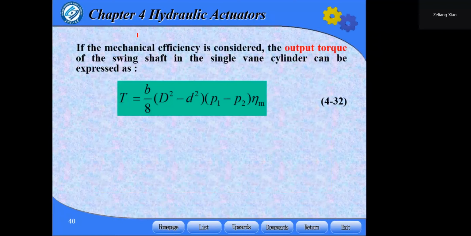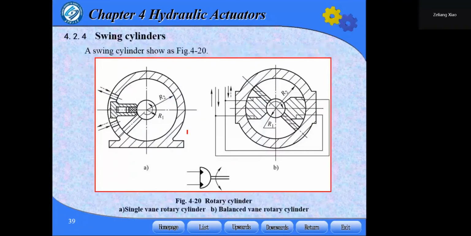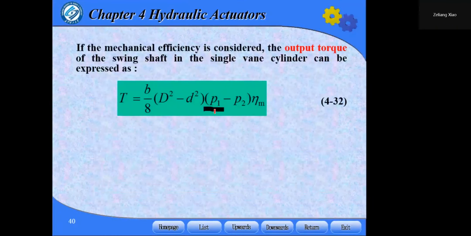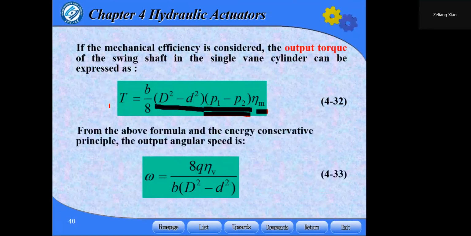The output torque of the swing shaft of the single vane cylinder can be expressed as this one, with the pressure difference and the valve formula.